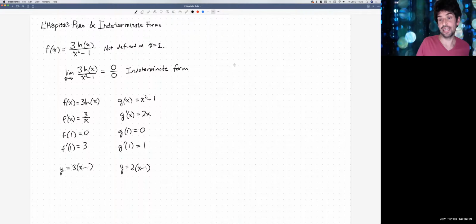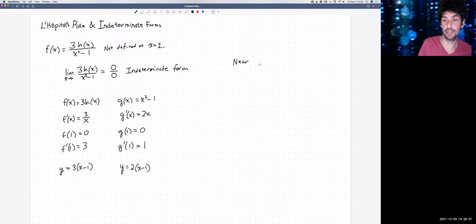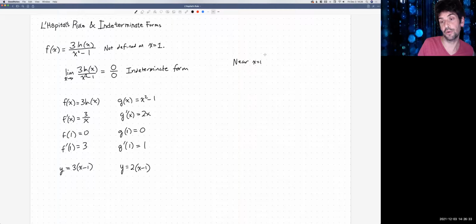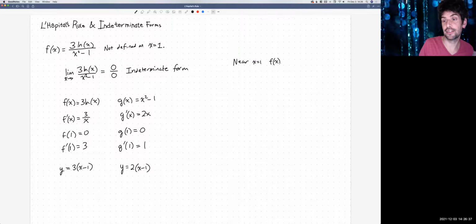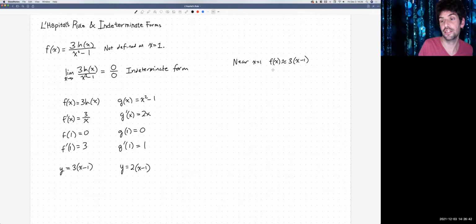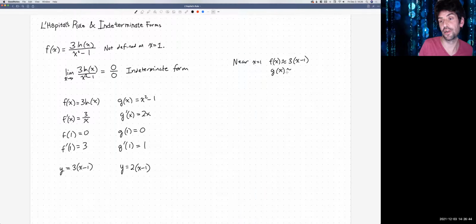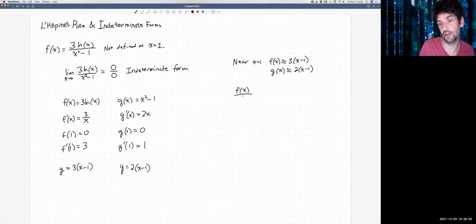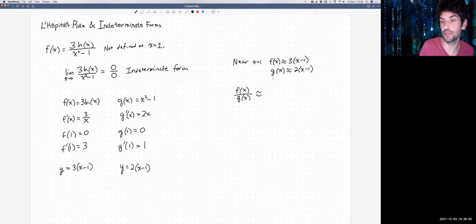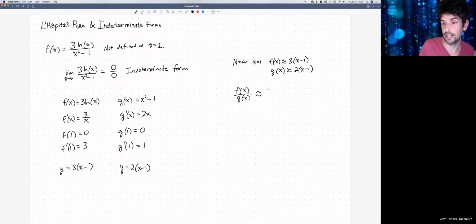What we know is that near x equals 1, f of x is approximately equal to its tangent line, and g of x is approximately equal to its tangent line, which means near 1, f of x over g of x is approximately equal to the quotient of these tangent lines.